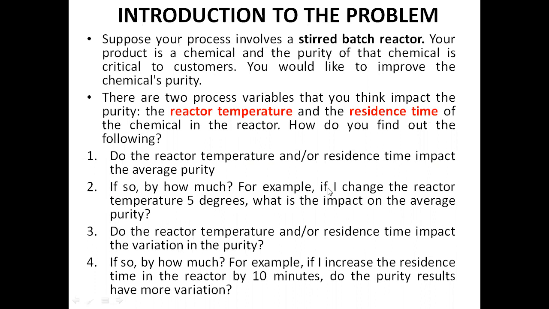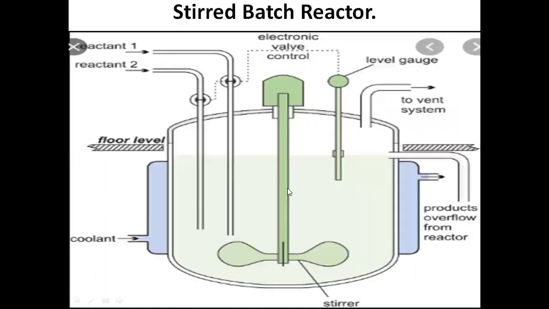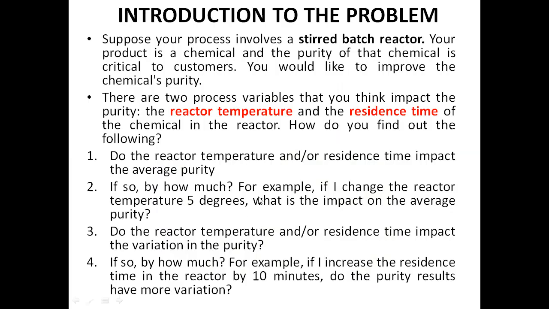For example, if I change the reactor temperature by 5 degrees more, what is the impact on the average purity of the chemical? And the second condition, in the third point: do the reactor temperature or residence time impact the variation in the purity?